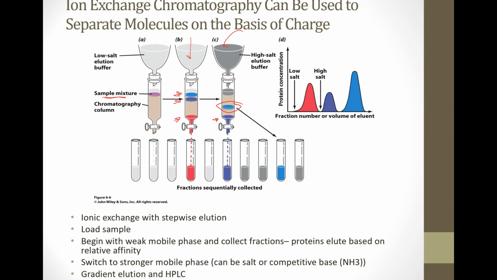There's lots of ways you can tune these systems. This is a stepwise elution where you have a low salt and a high salt, but with fancy systems with some automation, it's common for people to use what's called gradient elution, where you'll have an A and a B, and you'll have two pumps which mix them, and the pump speeds will vary by program over the course of the elution progression.